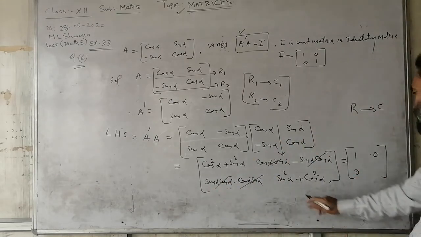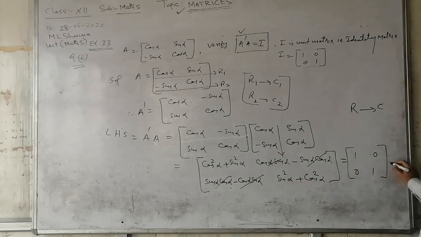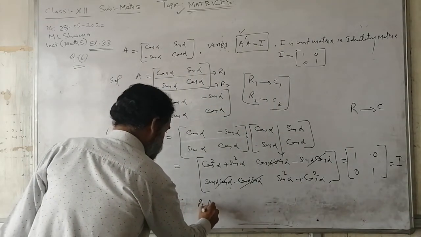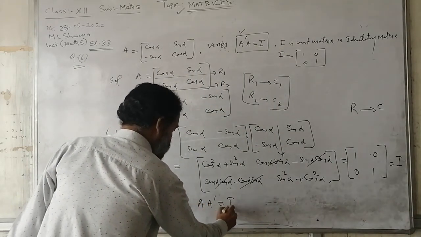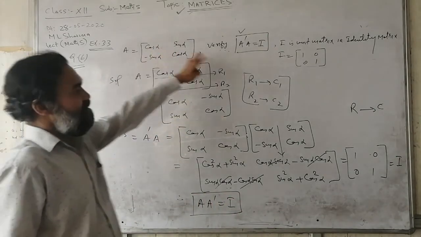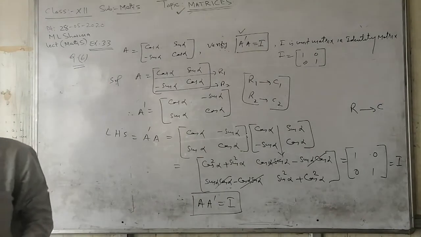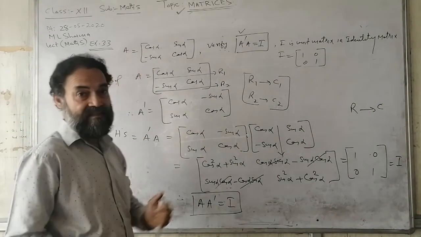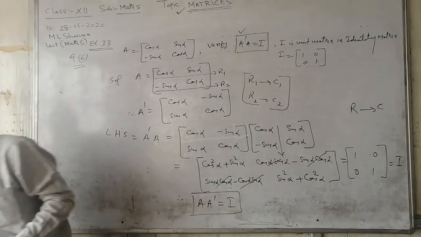So 0 here and 1 here, and this is I. So we can say therefore A transpose A equals I. In this way, this result is verified. So this was question number 6 of the same exercise.